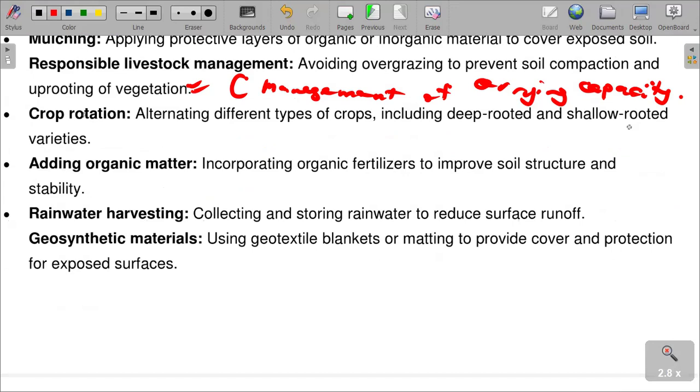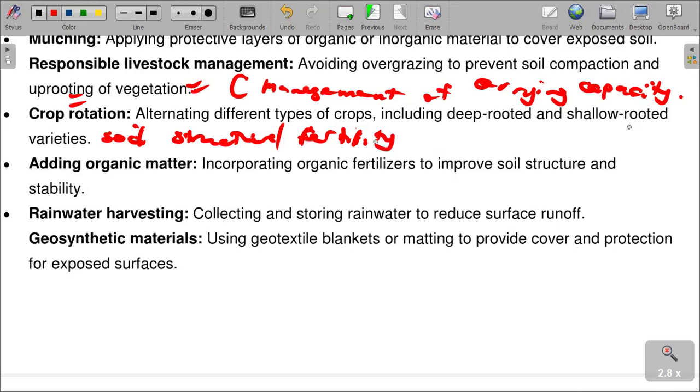And then crop rotation, alternating different types of crops, including deep-rooted and shallow-rooted varieties. It helps to maintain soil structure and maintains soil fertility.